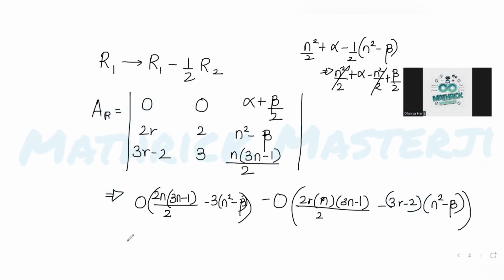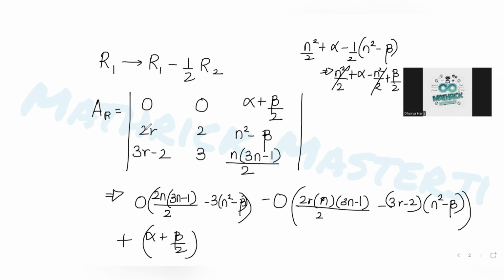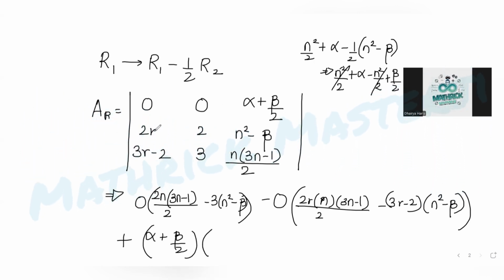Now the last part won't become 0, so I have to write it properly: alpha plus beta over 2 as it is, times 2r times 3, which is 6r, minus 2 times 3r minus 2.